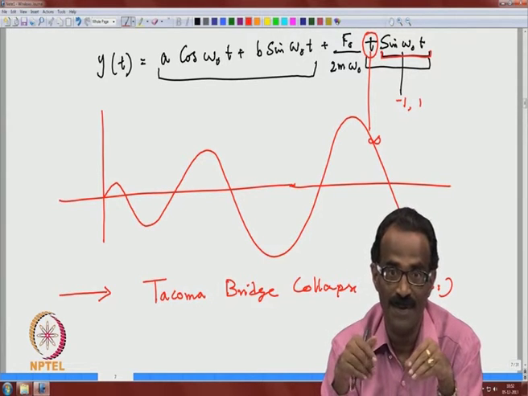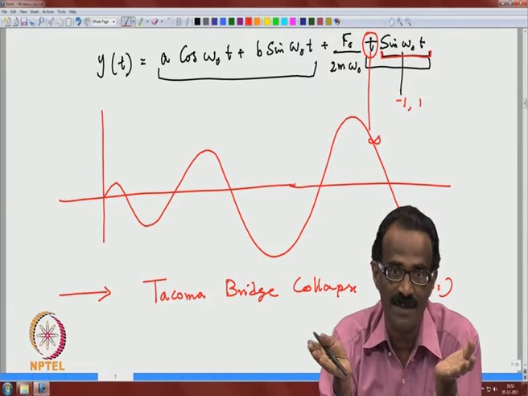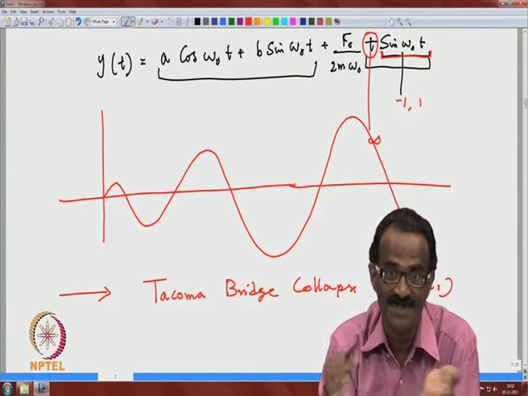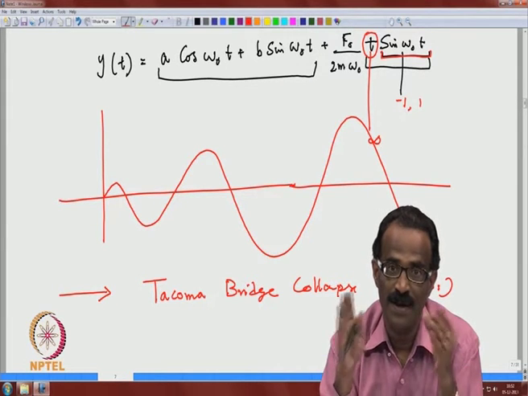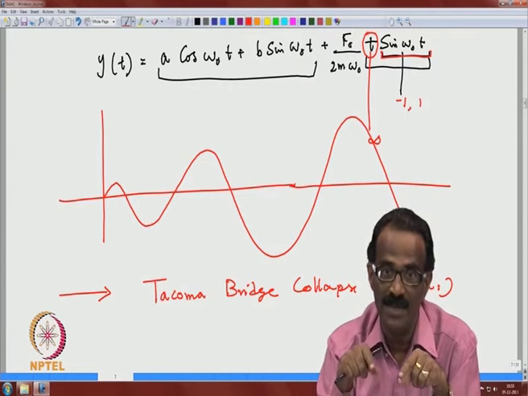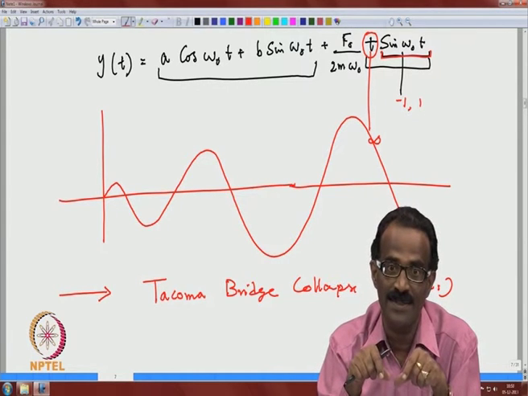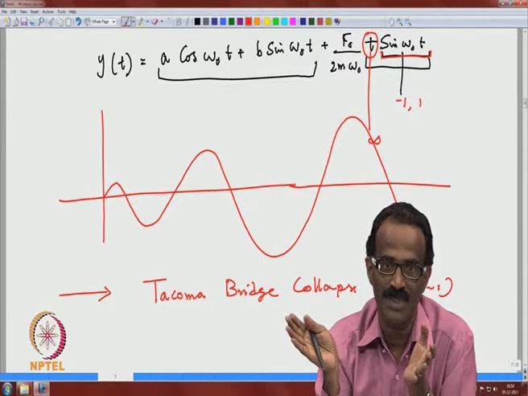Before going to that, when you analyze the same system in an electrical circuit, the analysis is the same, but the interpretations are different. Here, exactly what is undesirable in a mechanical system is put to good use in electrical circuits.